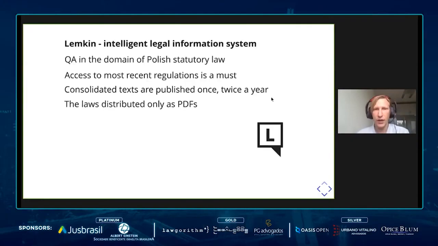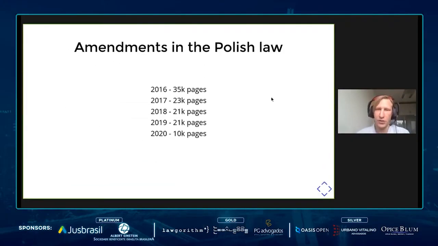To give you some numbers, for instance, in 2019, there were 20,000 pages of new laws enacted in Poland. So this is a very large number. So I think that processing these amendments manually is not an option.